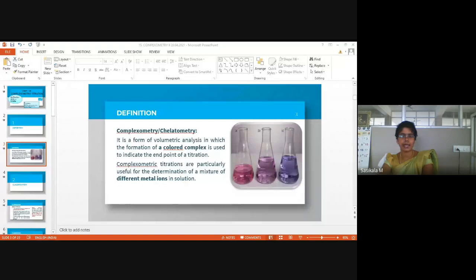Halogens, halides, halogens, not halides. Halides, the ionic form of halogens, will be analyzed. In which titration method, which is particular for halides? Precipitation titration, yes.